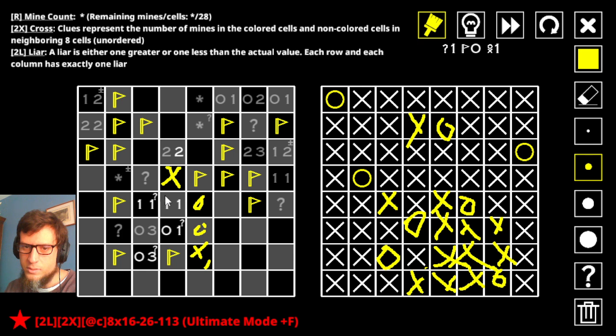So that's a little bit crazy, I guess. I don't know. But I'm trying to look for one safe square, right? That's what I'm trying to look for. It's kind of not happening. Alright, so.